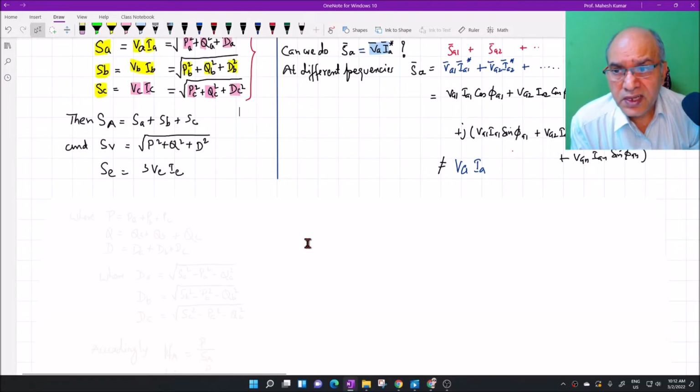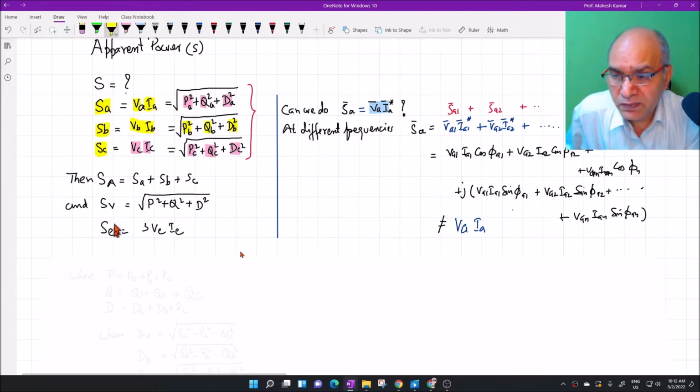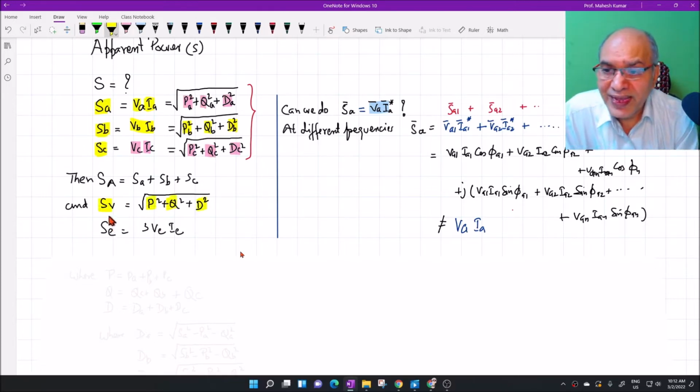Now, based on this, we can also find out the SA, SV, and SE, which are known as arithmetic, vector, and effective apparent power. SB will be square root of P square plus Q square plus D square. Now, what is P?